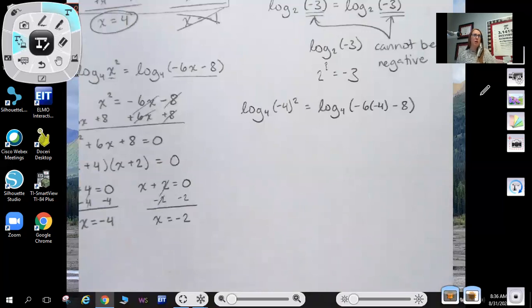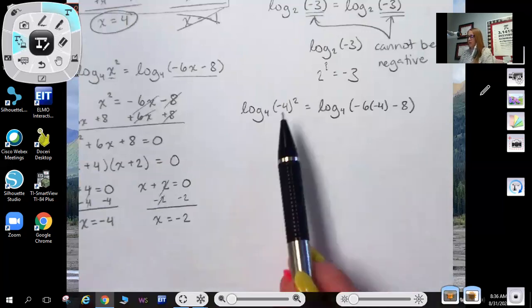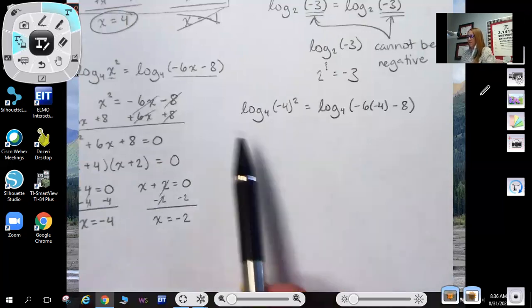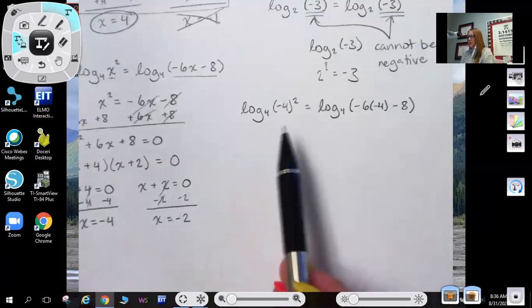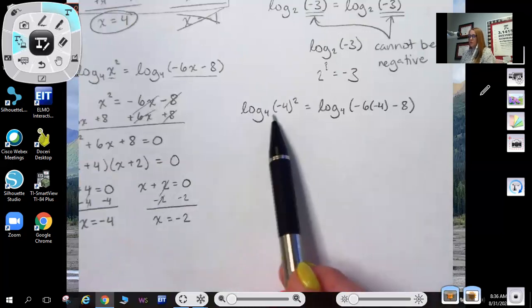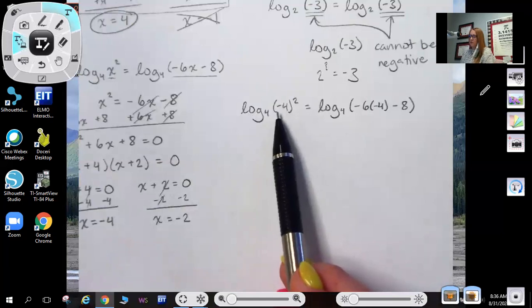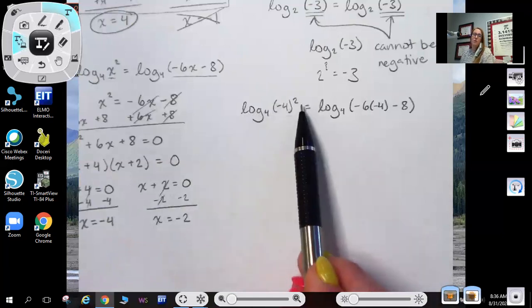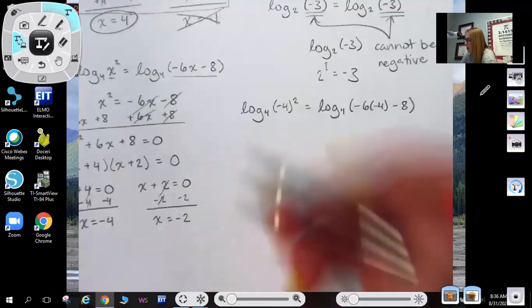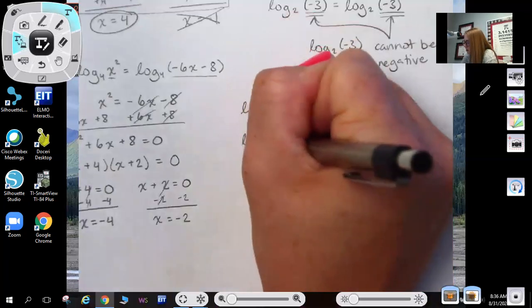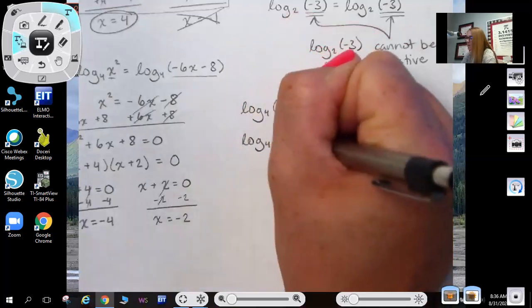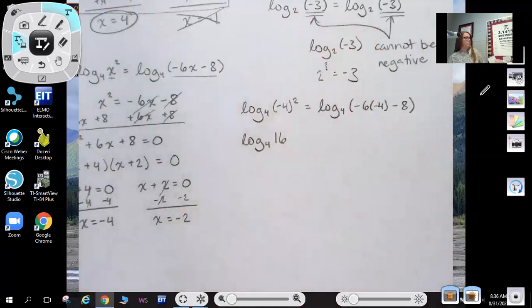So just keep your guard up as you're working and keep a close eye on things. But right now, this is not just log base 4 of -4. This is log base 4 of -4 squared. So if we actually do that math, -4 squared is a positive 16. So we're in the clear.